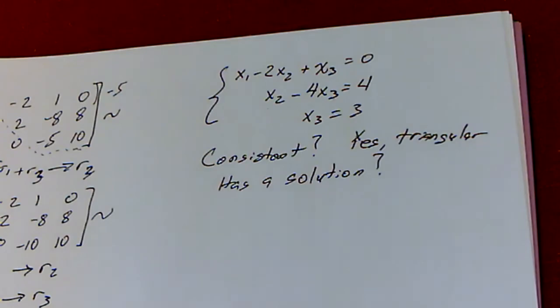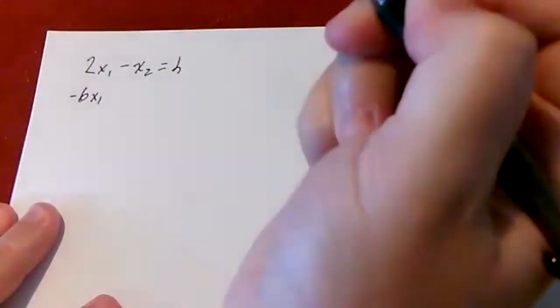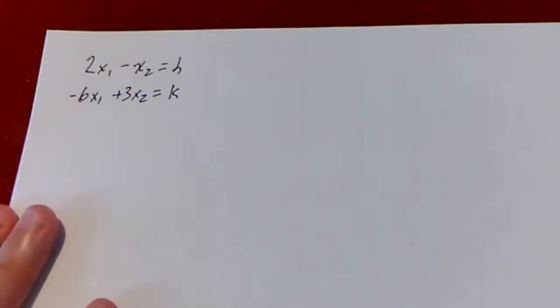Okay, now another style of question that you'll see, let me go to another brand new page here for this. Another style of question you'll see is what values will make a system consistent. So if I take the following system here, I'm going to have 2x1 minus x2 is equal to h, and negative 6x1 plus 3x2 is equal to k.